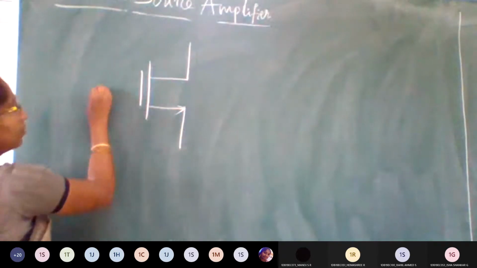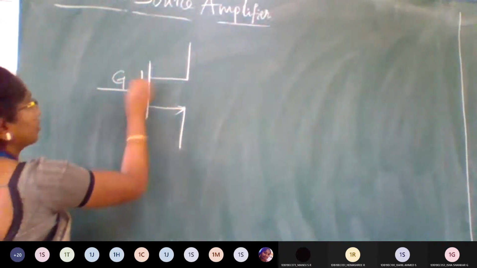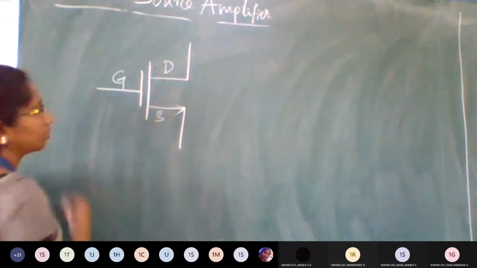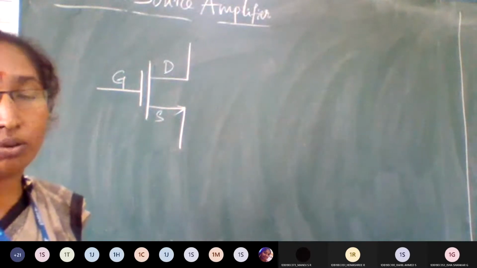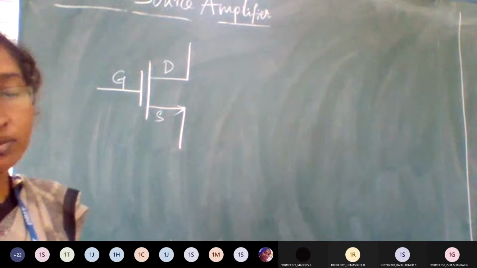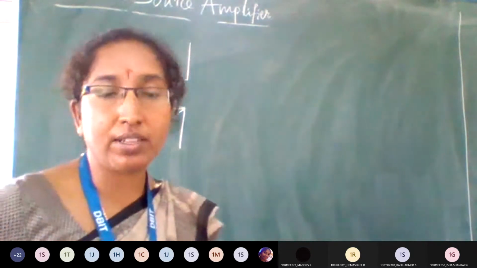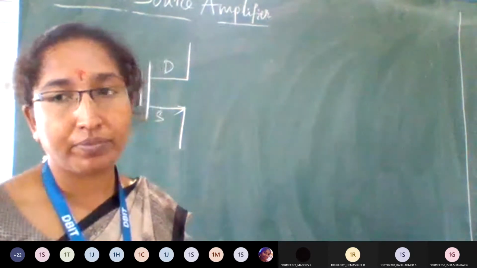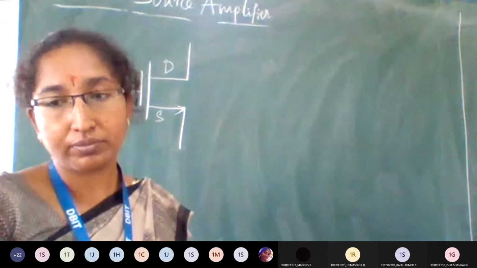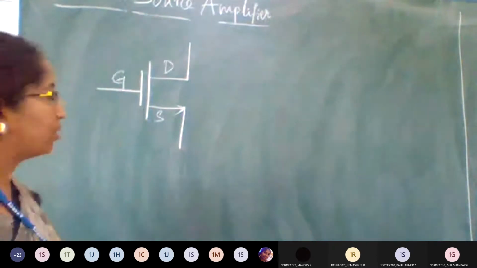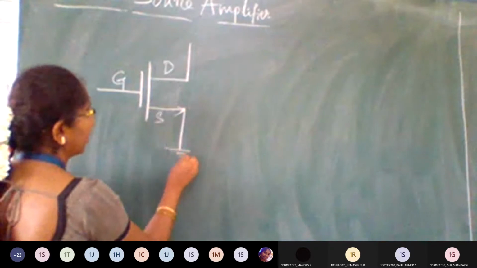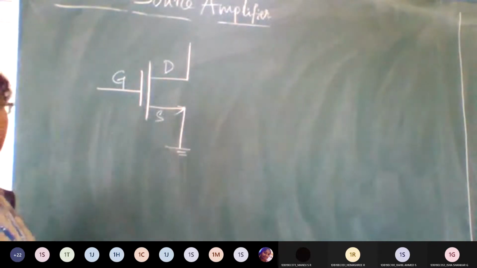Now you have to guide me how to write the circuit. Gate, drain, source. It is a common source amplifier. How to make common source now? In a common source amplifier, the source will be grounded. I have made the source grounded.